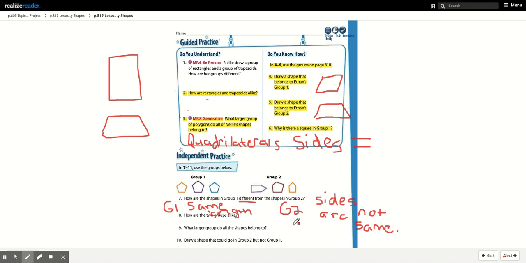Okay, let's do one more together. Number 8, how are the two groups alike? So we just talked about how they are different. Let's now look for the similarities. Look at the shapes carefully. Again, you might want to count how many sides there are.